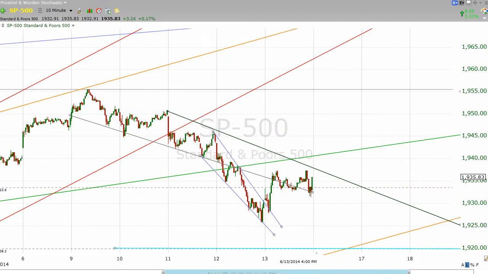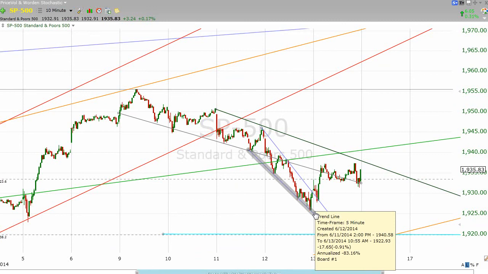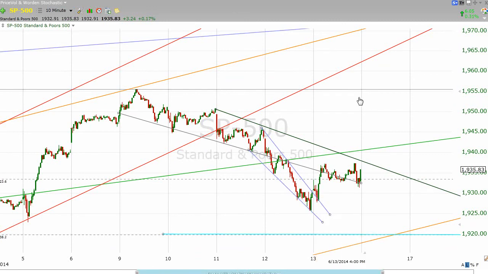you can see that we were sliding down, selling increased on Thursday, but then we started to rally back on Friday. Now, I mentioned that the selling on Thursday, and I mentioned this on Thursday afternoon, took the shape of a small descending wedge.